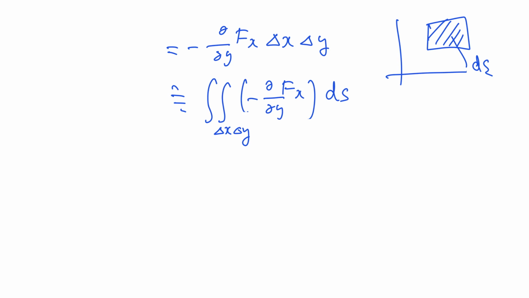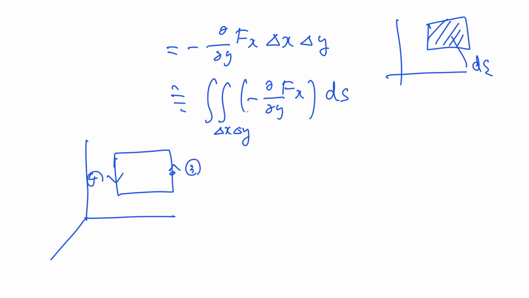And how about the other one? We have 3, 4. This is x plus delta x over 2, y, z. This is x minus delta x over 2, y, z.